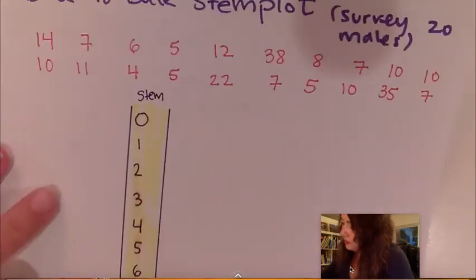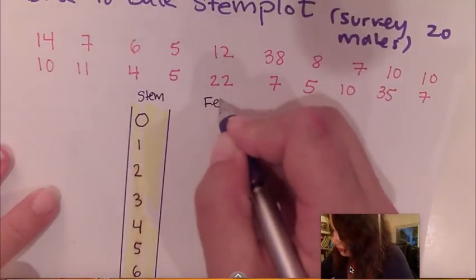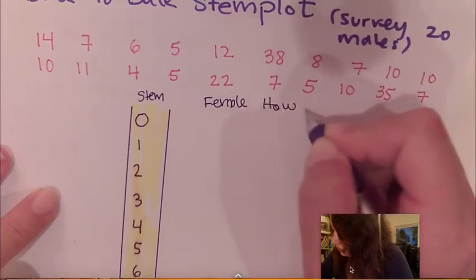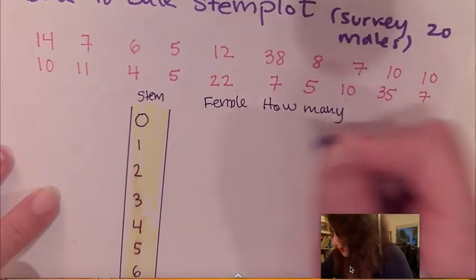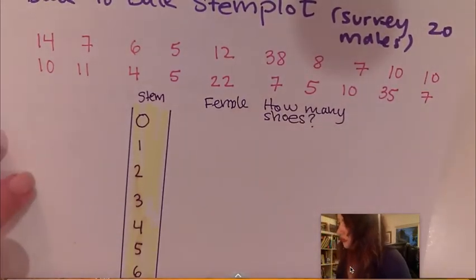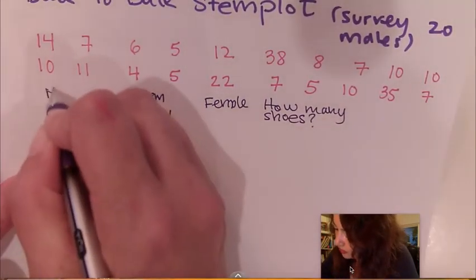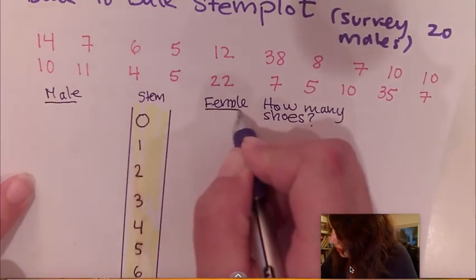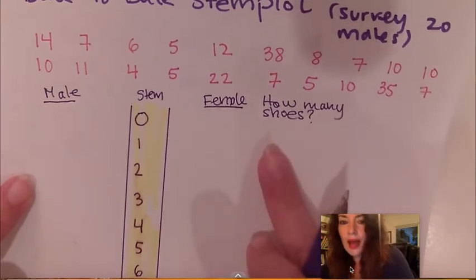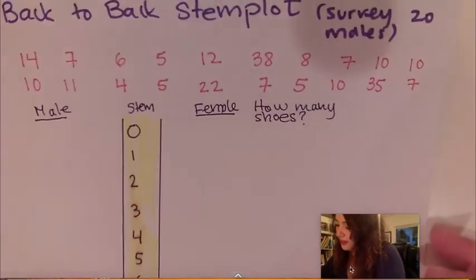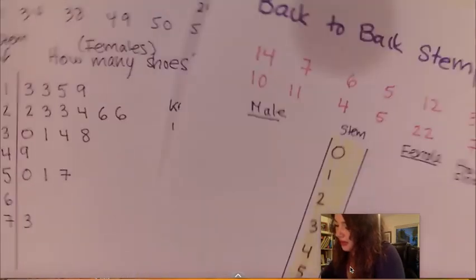And I'm going to put female, how many shoes? I mean, we could title this really, how many pairs of shoes do female have? Or we can just put male here. So we know this side is the male and this side is the female, and we're talking about how many shoes they have.